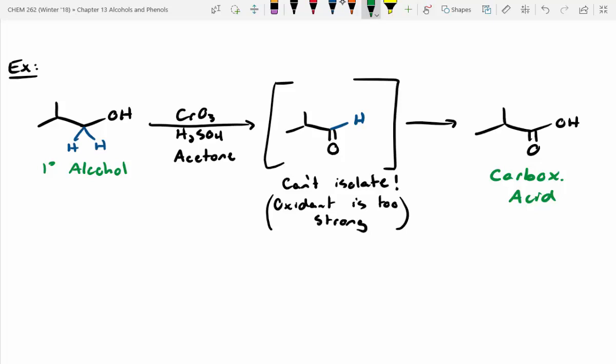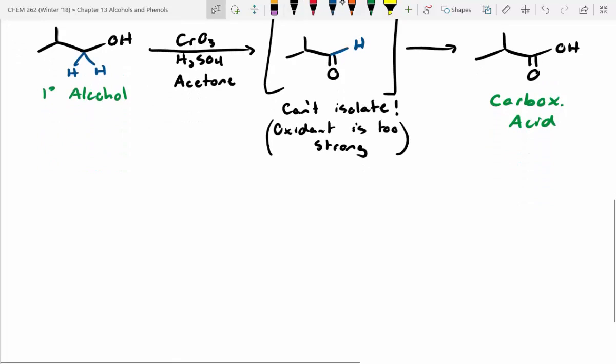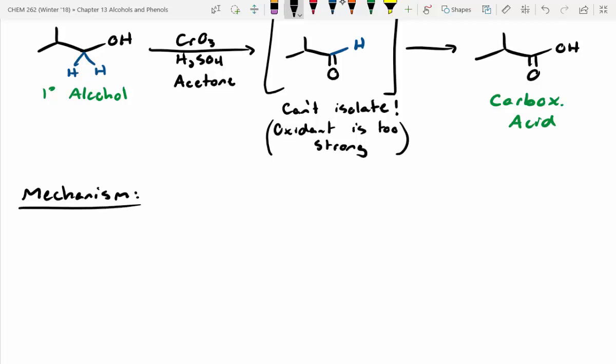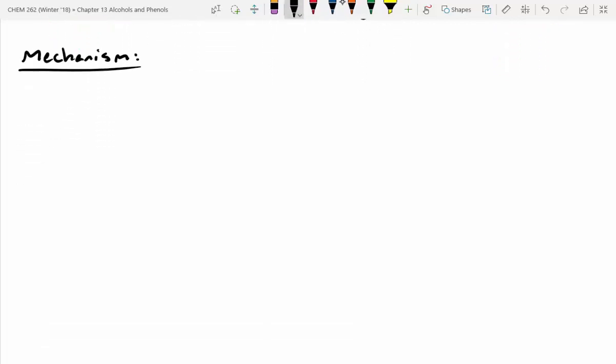All right. So I'm going to briefly show you a little bit about this mechanism. We're not going to go too far into it because, like I said, this is very dated chemistry. However, there might, hint, be a Sapling problem where they ask you about this. All right, so in this mechanism, we'll use a secondary alcohol.